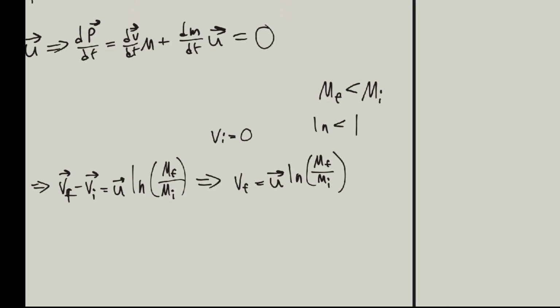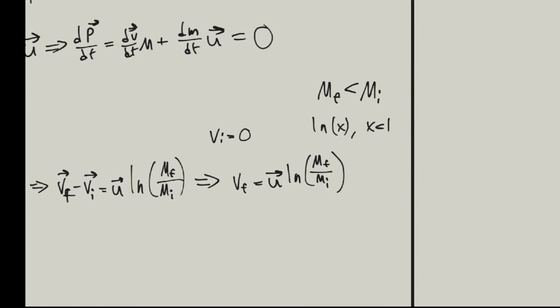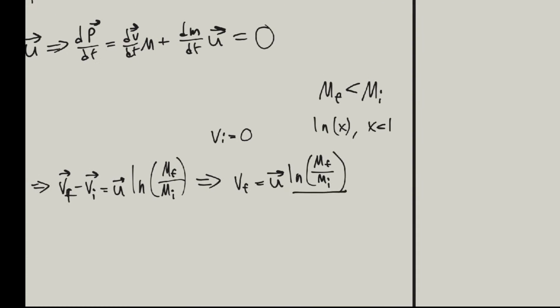And whenever you have the ln of x, where x is less than 1, that is less than 0. So this is going to be negative, which means the final velocity is in the opposite direction of u, which makes a lot of sense: when u goes off in this direction, the rocket goes off in this direction.